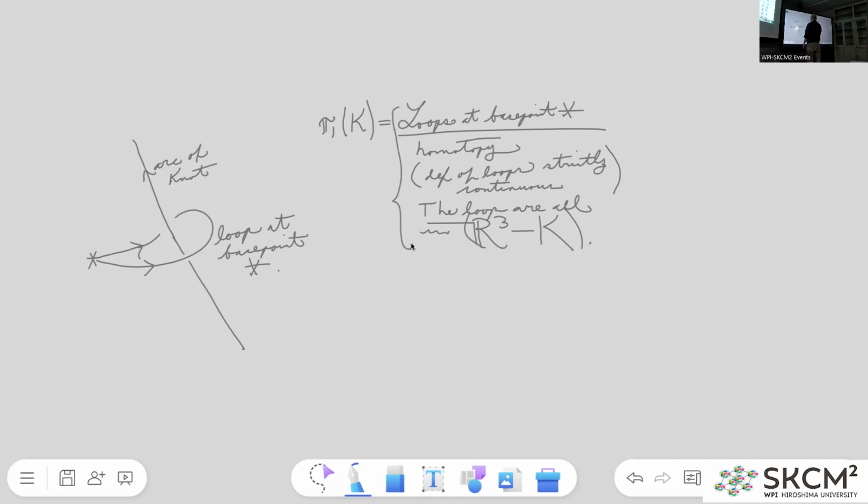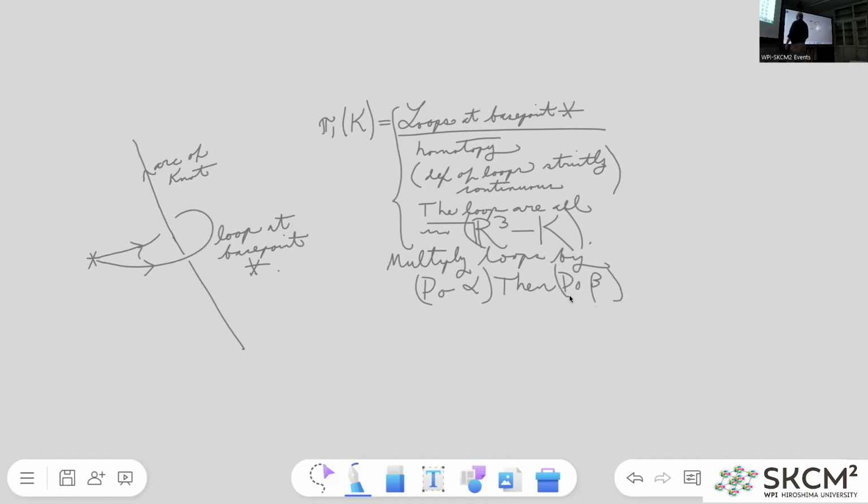And if you have two loops, you multiply loops by doing alpha, then doing beta.